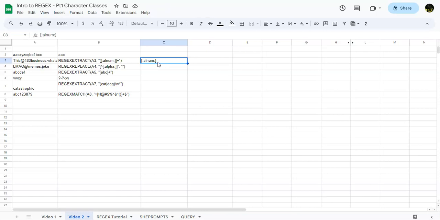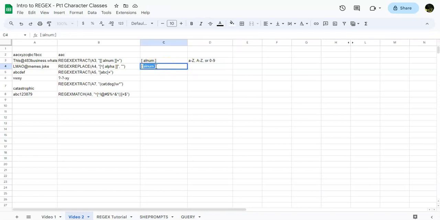This basically is alphanumeric. So regular expressions or Google Sheets understands this to mean A to Z, capital A to capital Z, or 0 through 9. Right? So it actually is understood that it means all of that.